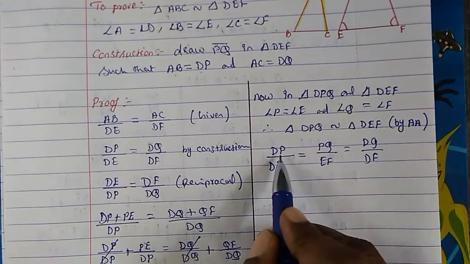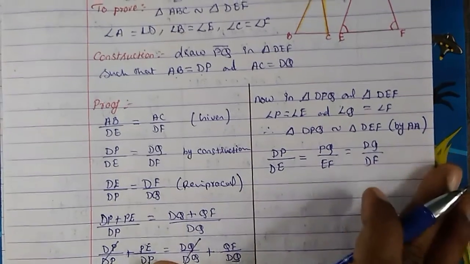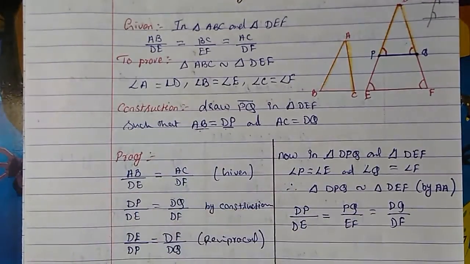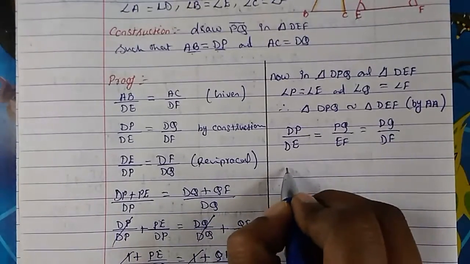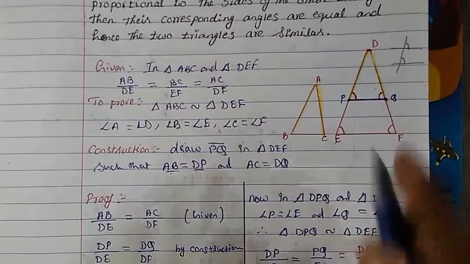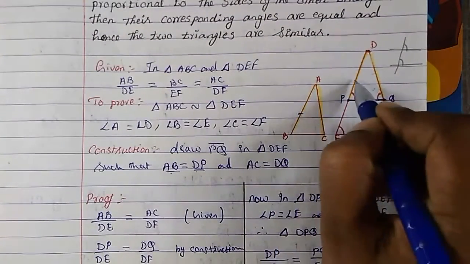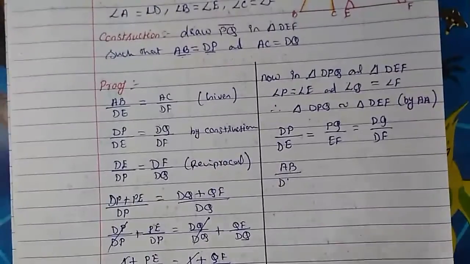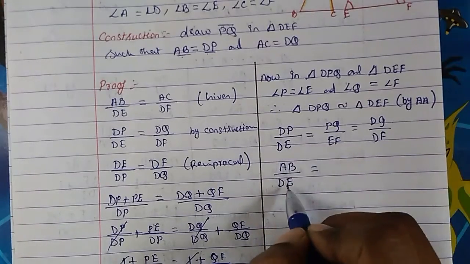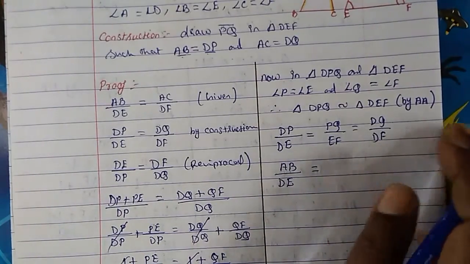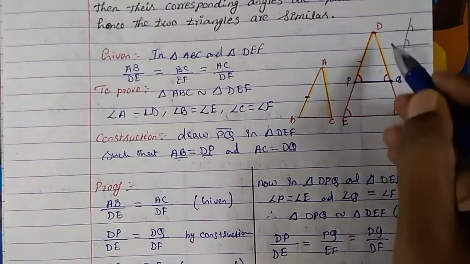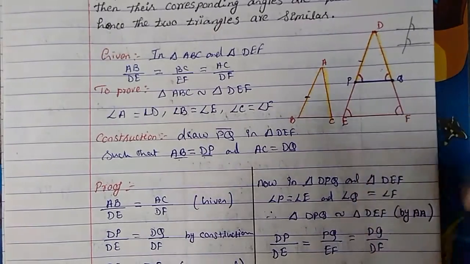So now let us look at DP. DP is actually AB by construction. So instead of DP we'll write AB, because DP is equal to AB, as we have done by construction. Now DQ is equal to AC.